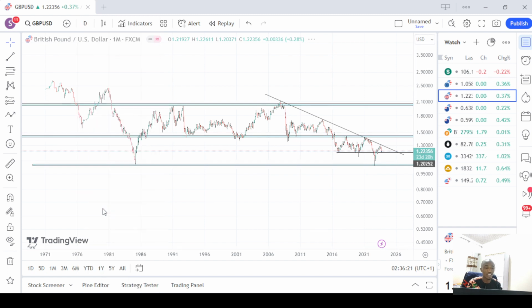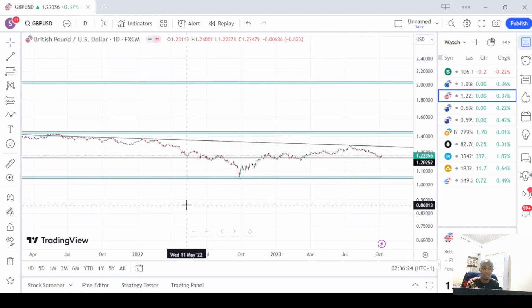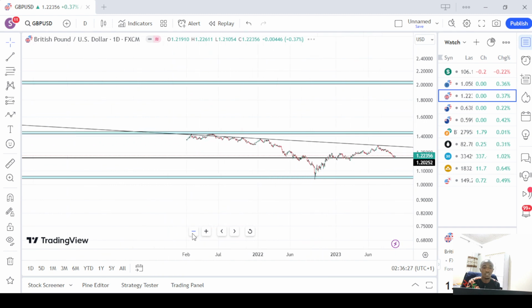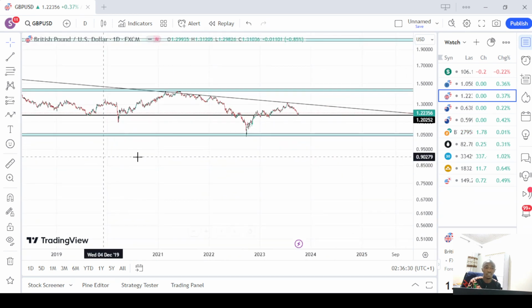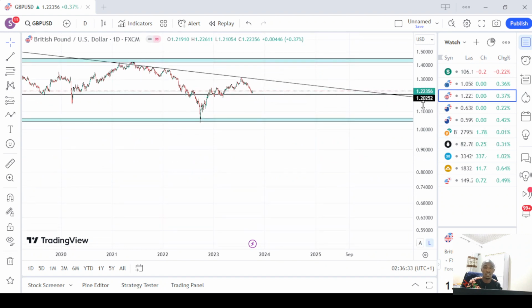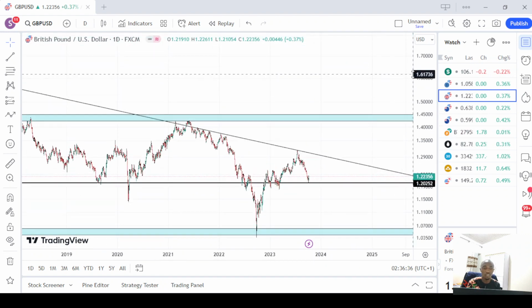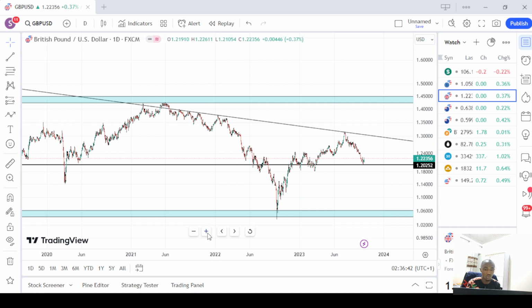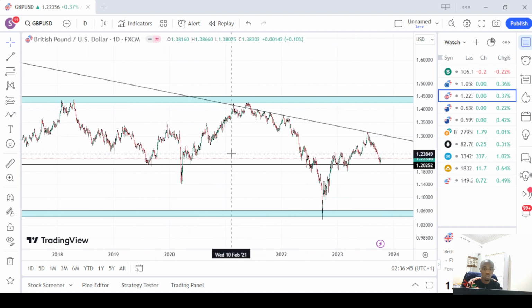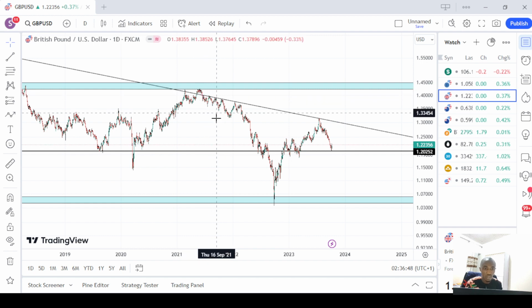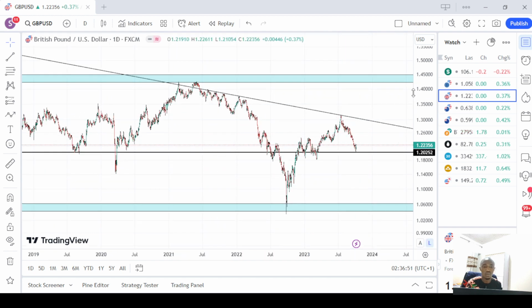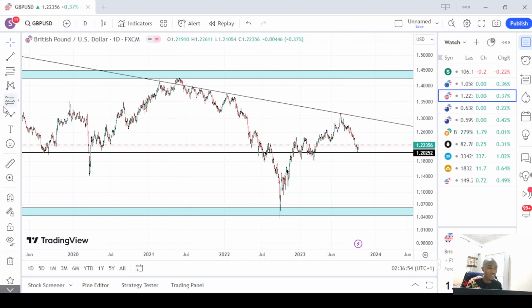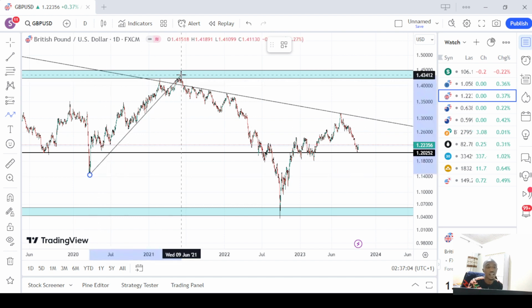Coming down to your daily, let me explain the daily here, since I was not able to explain the daily on Euro USD. On the daily, same thing. You can see a high after a long buy.